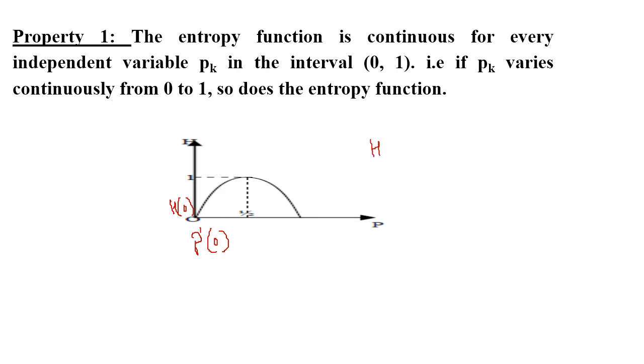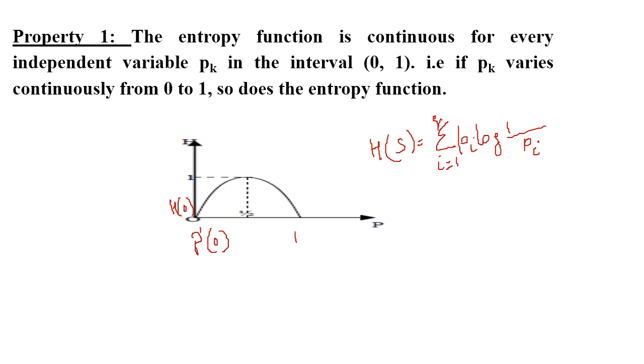We know that H(S) is given by the formula summation i = 1 to Q of Pi log 1/Pi. When you substitute P = 0 here, you get H(S) = 0.